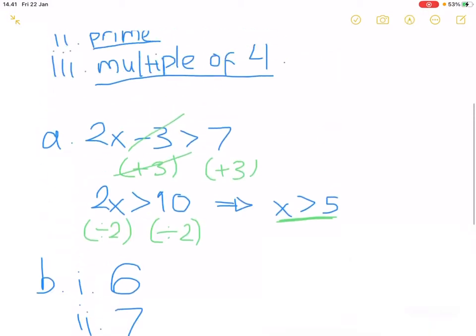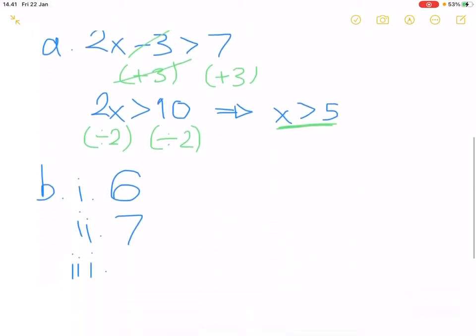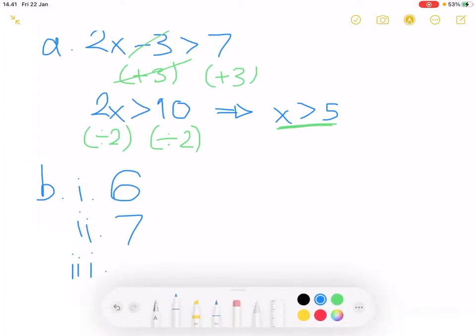For the next part, if x is a multiple of 4, again we're going to do that again, except we can just count from the multiples of 4. I'll just write the list. We have 4, 8, 12, 16, and so on. We can check from the smallest if it satisfies this inequality.